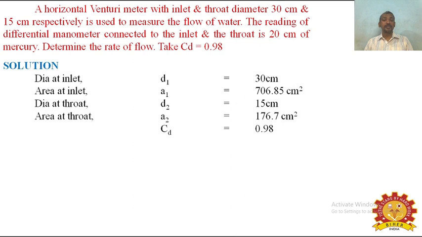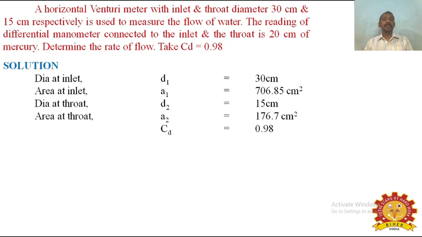So the next step is to find the H value, the difference of mercury level. The lighter liquid is moving in the pipe, and the heavier liquid is in the manometer, which is mercury.